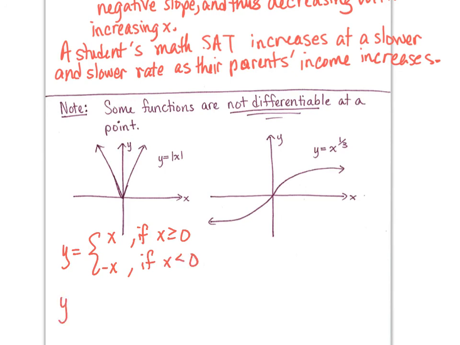So y prime would be equal to the derivative of x, which is what? 1. Good. So you would have 1 if x is greater than or equal to 0, but what if x is less than 0?